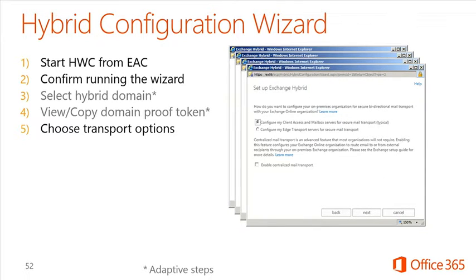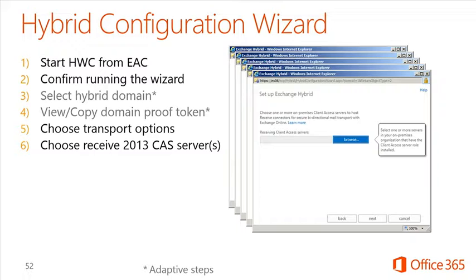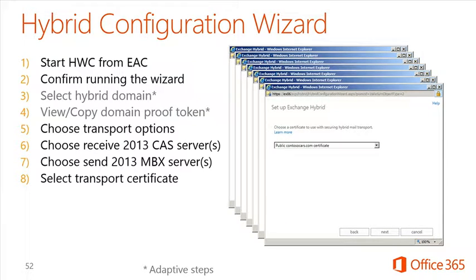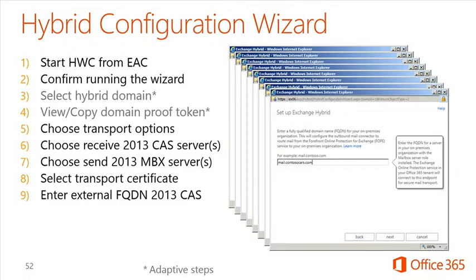Choose your transport options. We're assuming most organizations want to provide TLS for their mail flow between online and on-prem. Which 2013 CAS servers in the organization will be the recipient for your mail flow from Office 365. Which 2013 on-prem mailbox servers will host the outbound send connector, which would be sending to Office 365. Choose the transport certificate. What's the external FQDN for our 2013 CAS?